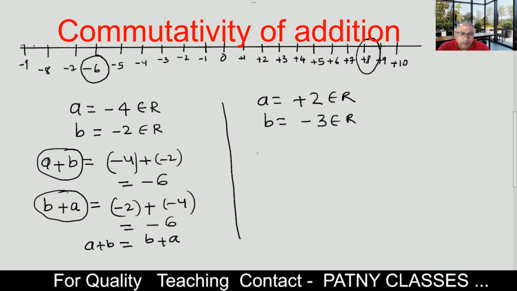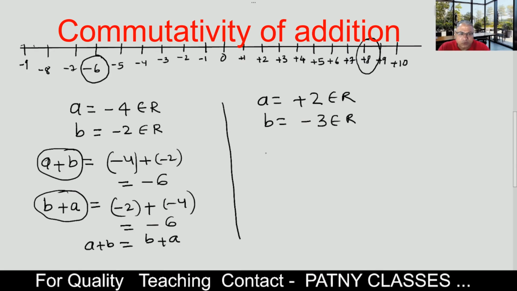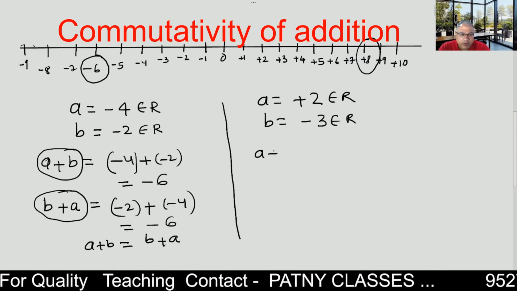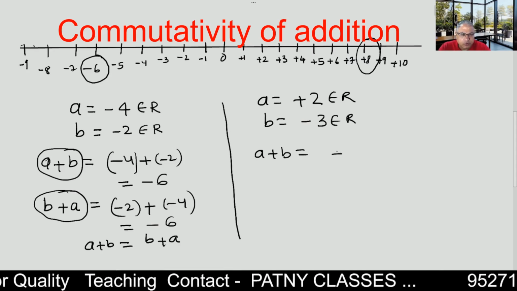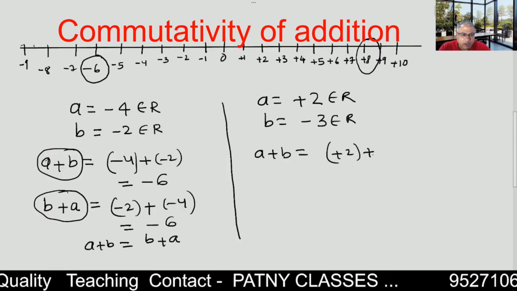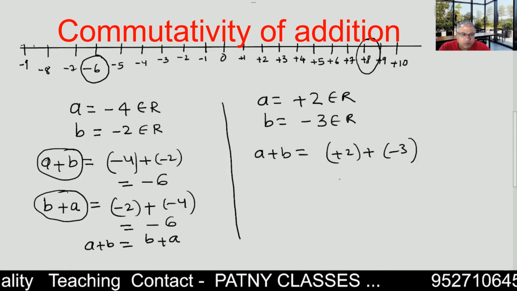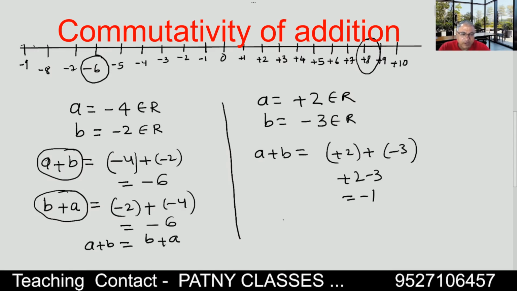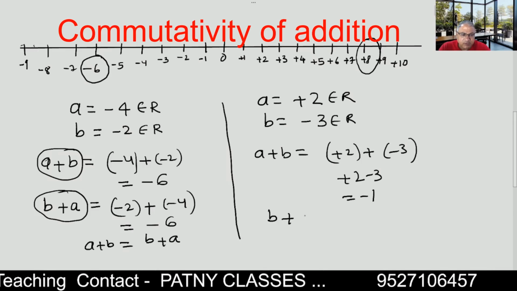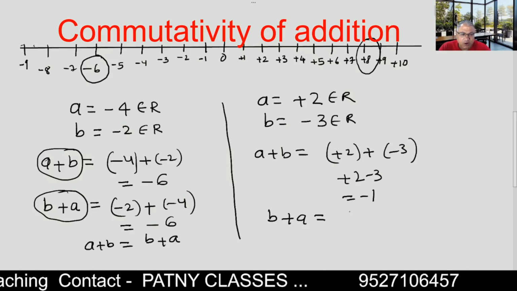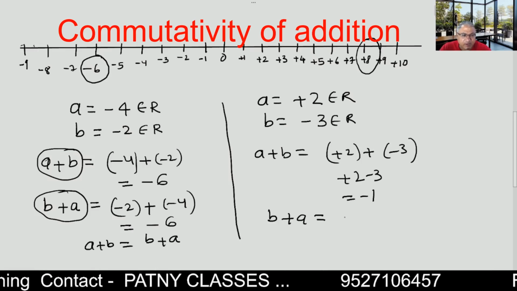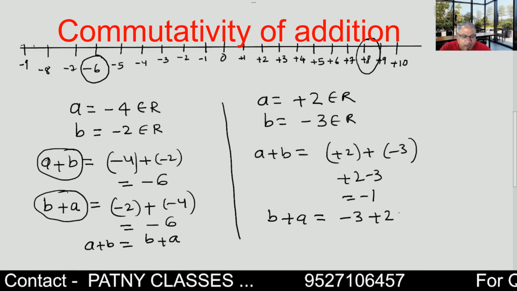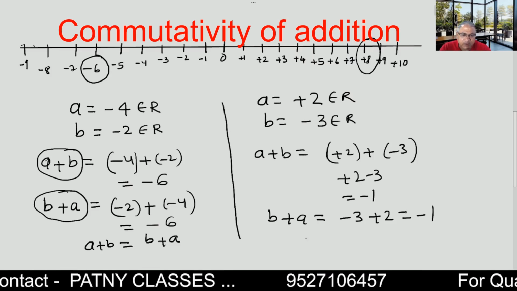In another example, I have A equals plus 2, B equals minus 3. Now A plus B equals plus 2 added to minus 3. So that is equal to plus 2 minus 3 equals minus 1. Now I reverse the addition process. Instead of A plus B, I am adding B plus A, writing B first, then A later. Again the result is minus 1.